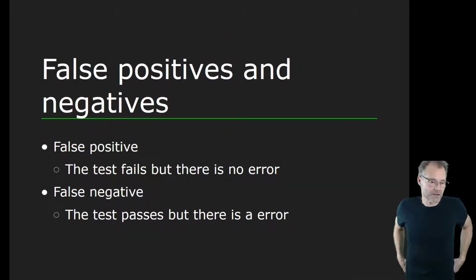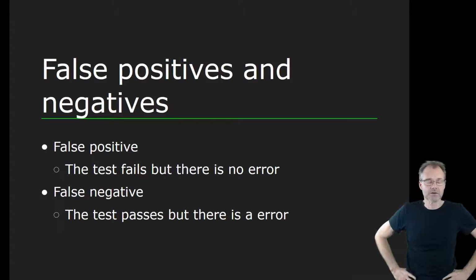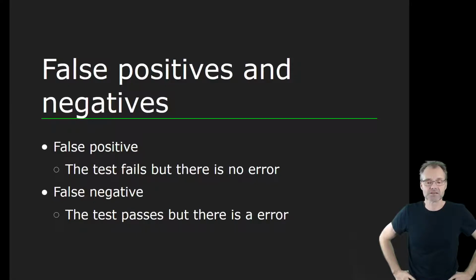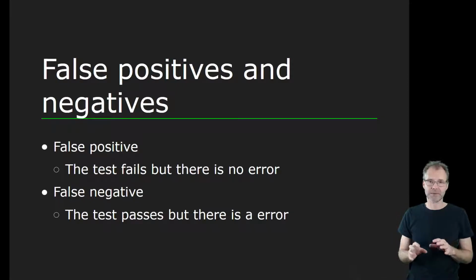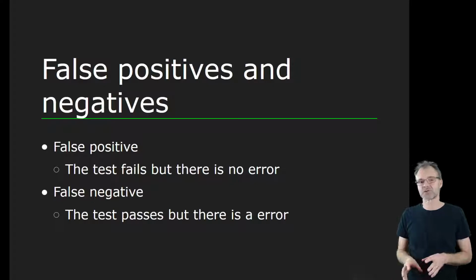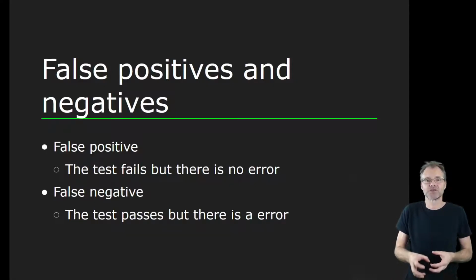I'm going to mention just a quick note on more terms related to testing and unit testing in general. So what about false positives and false negatives? Well, false positive, that would be that a test fails, but there was no error. So the test fails for some reason.